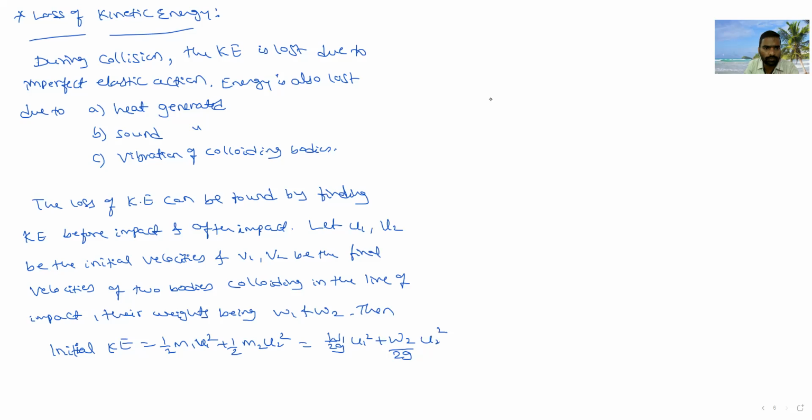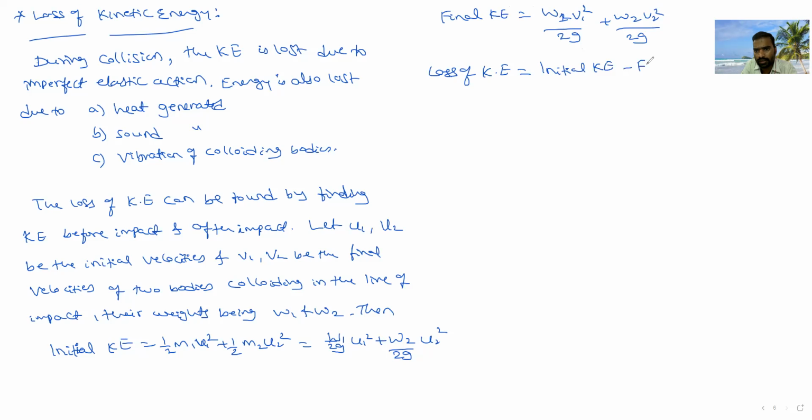Can you write the final kinetic energy? Final kinetic energy is equal to W1 V1 square divided by 2g plus W2 V2 square divided by 2g. Is it correct? Then loss of kinetic energy is equal to initial kinetic energy minus final kinetic energy.